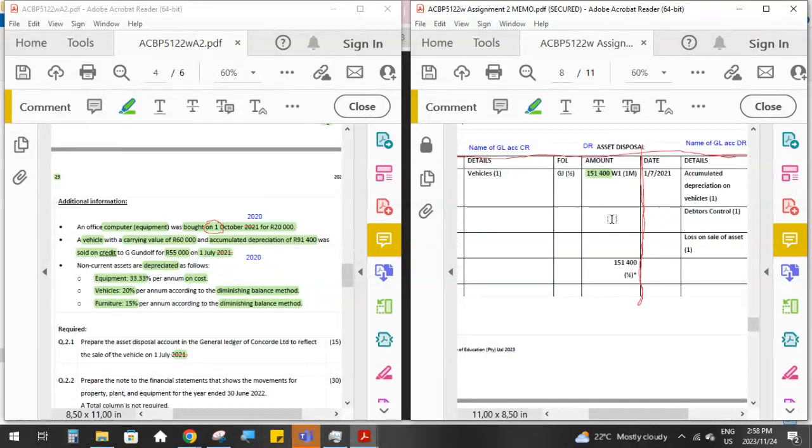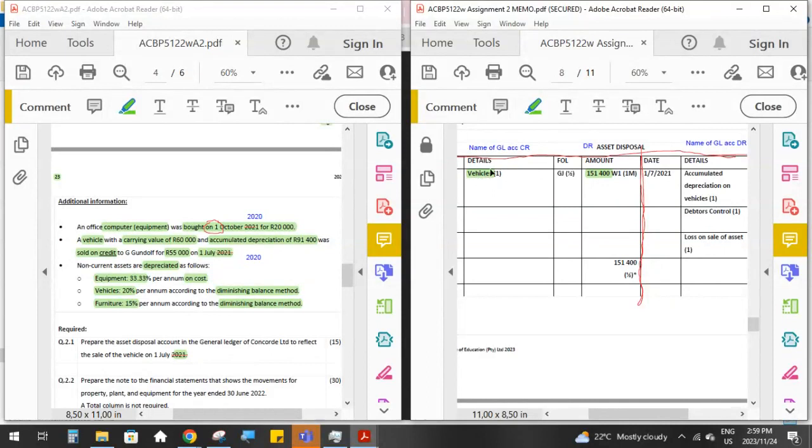I must transfer the cost out of the general ledger account vehicles at cost and put it into asset disposal, which means I must credit vehicles and debit asset disposal. Because the debit was sitting in vehicles and I'm transferring that debit out of vehicles into asset disposal.